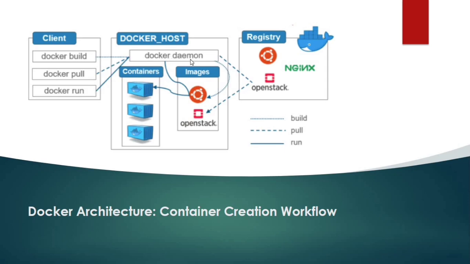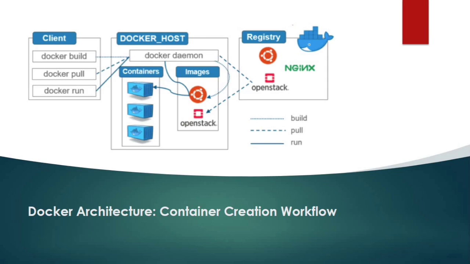In order to create a container, first it performs the image check. The Docker engine checks if the requested image exists locally within the Docker host. If found, it uses the image to create the container. If the image is not available locally on the Docker host, Docker searches remote registries like Docker Hub or a private registry.